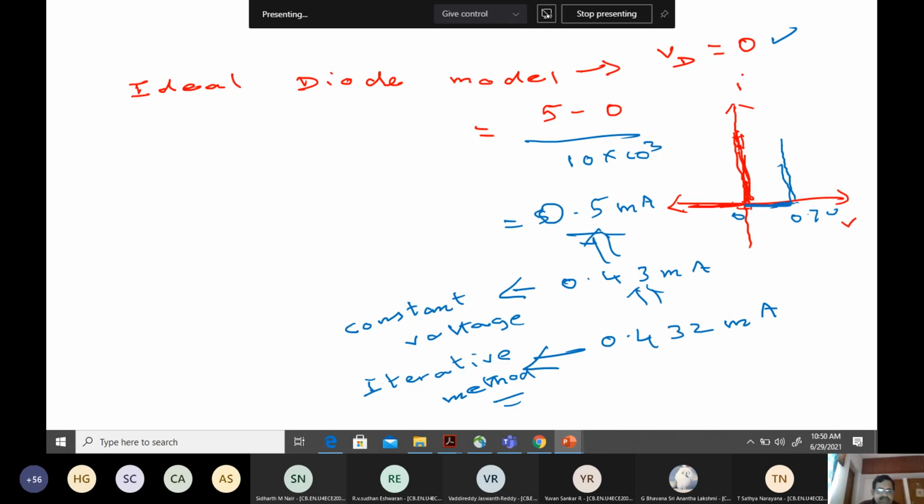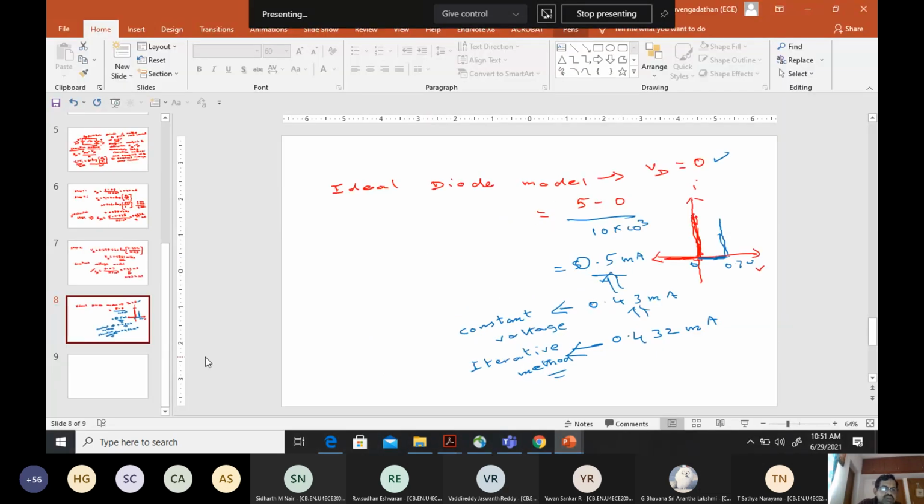I wanted to do one more problem, but we will take it up some other time. Tomorrow we'll go into the small signal model, and then we'll try to wind up the diode models by tomorrow, following which, because in the models we have analyzed the working of the diode under forward bias thoroughly, the next logical step will be to go into the working of the diode under reverse voltage.